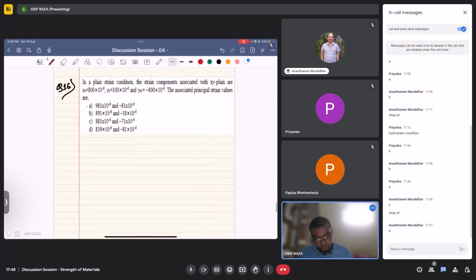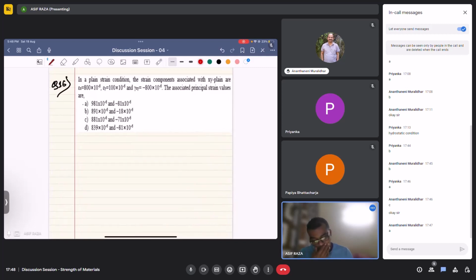This is also similar. I hope you won't make a mistake in this case. You are given epsilon x, epsilon y, gamma xy. Need to find the associated principal strain values. So let's see if you get it correct this time.